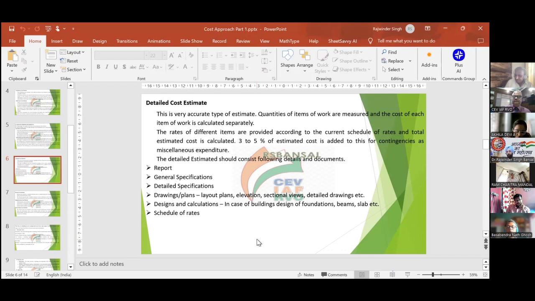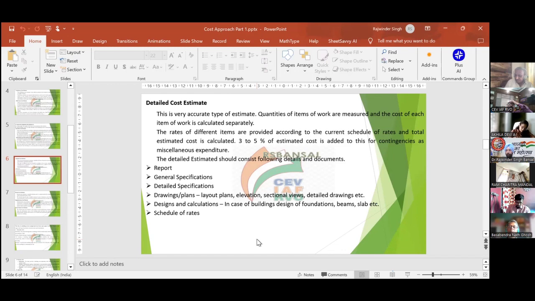This method gives you an estimate which is very near to the actual cost of construction. Though it will not give you the exact value, it will give you as near as possible with this method of detailed cost estimate.